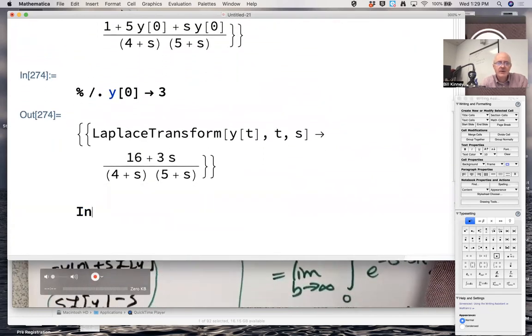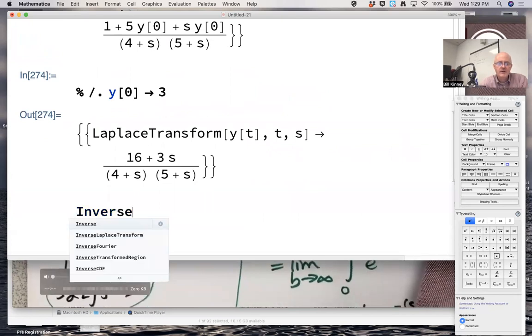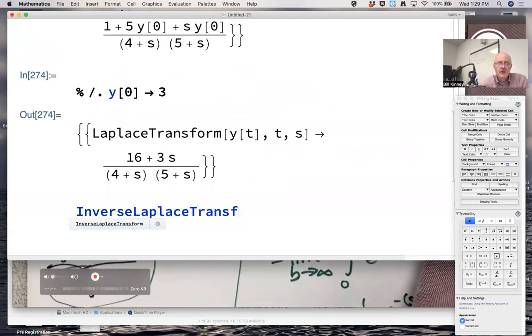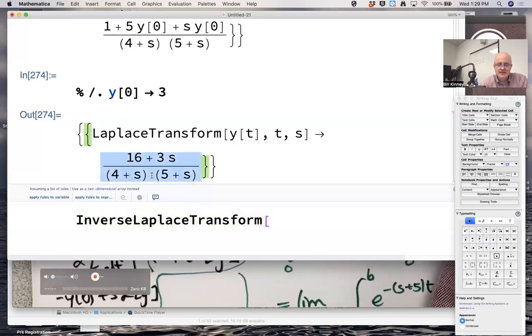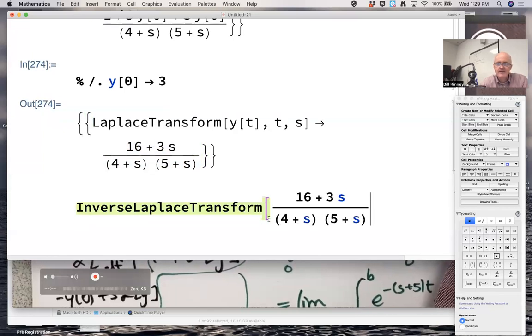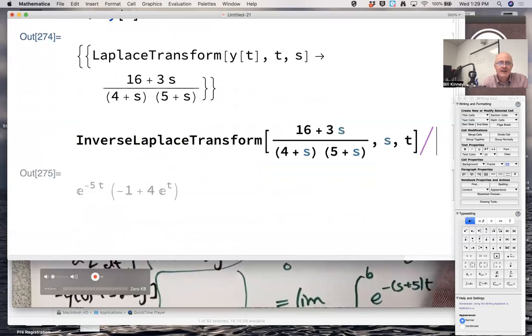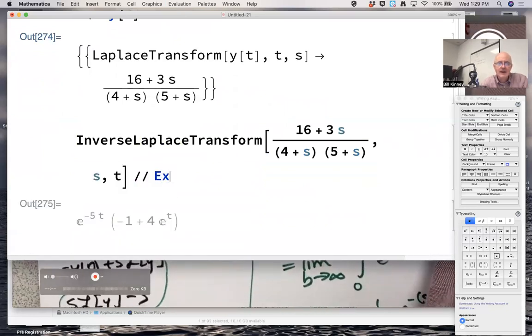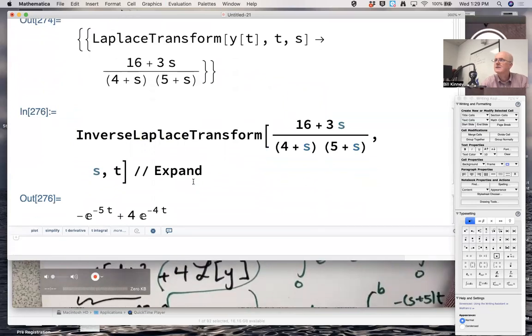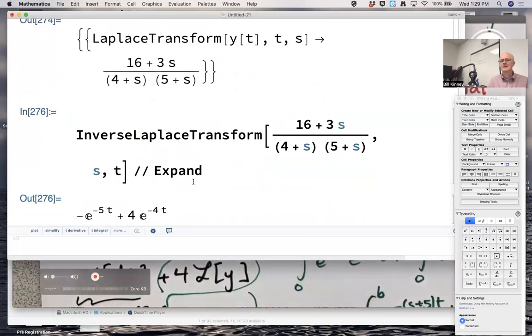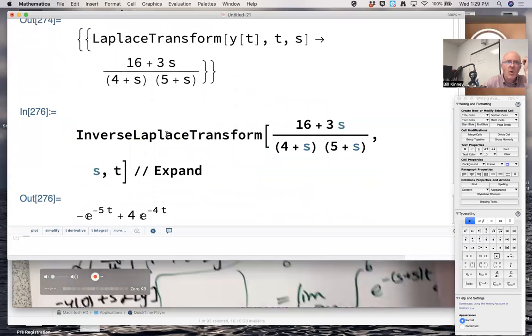And then we can take the inverse Laplace transform of this thing, which is a disguised form of what we got, evidently, and expand it. And there's our answer again. Okay. So yes, this is more work.